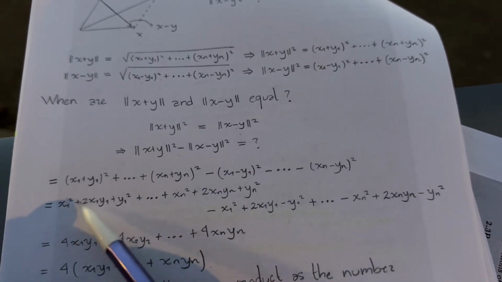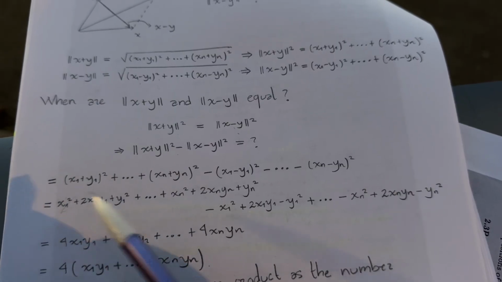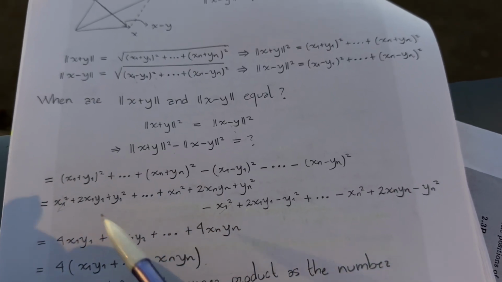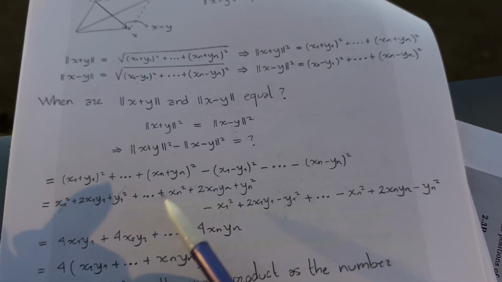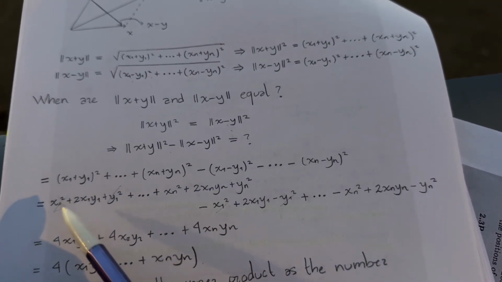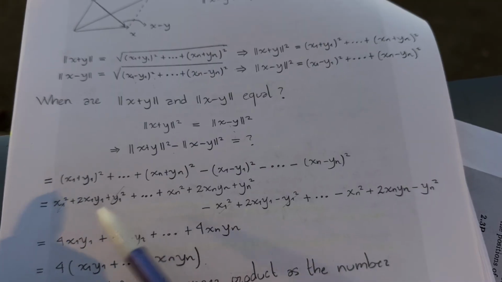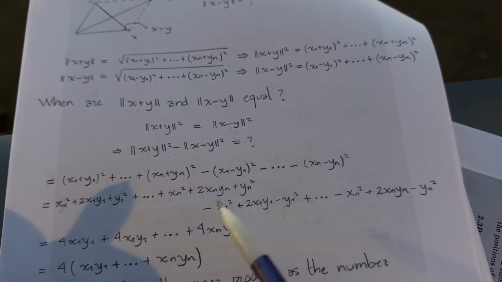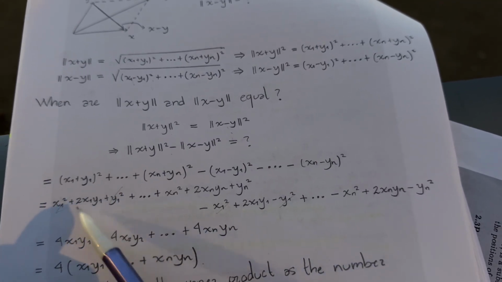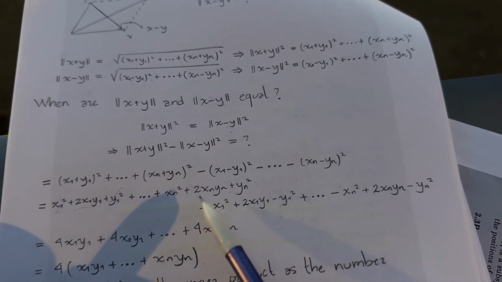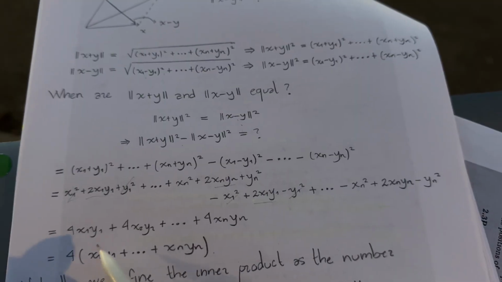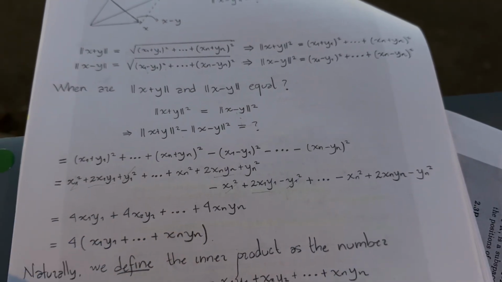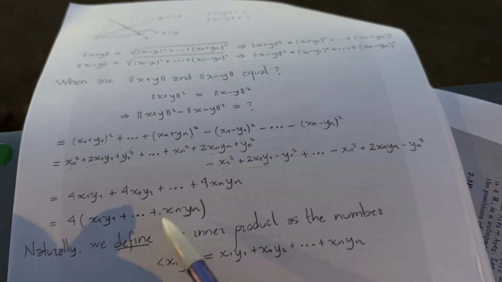There are a lot of things that are going to cancel. For example, x1 squared minus x1 squared, y1 squared minus y1 squared, and everything on the edges of each expression is going to cancel out, and we're going to remain with these things here and the same here, all positive. So we can combine those and we end up having this.